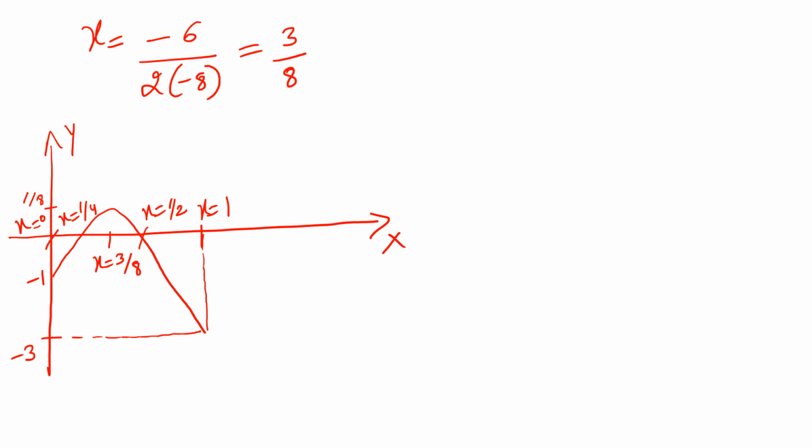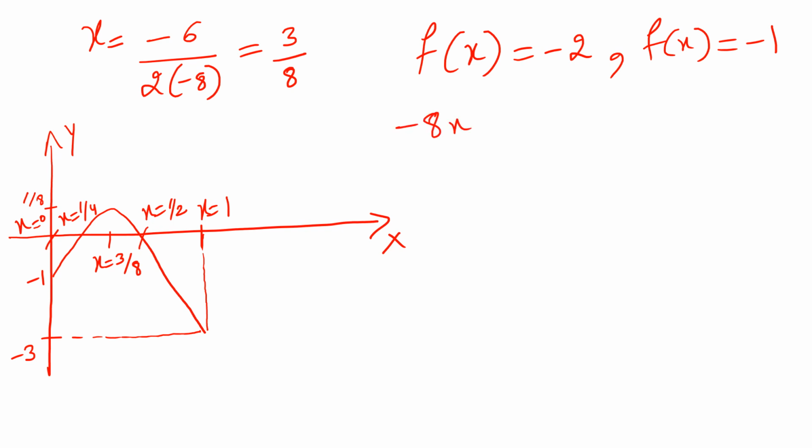Now students, let's find out those values of x for which f of x becomes equal to minus 2 and for which f of x becomes equal to minus 1. Now f of x is minus 8x square plus 6x minus 1. Just put it equal to minus 2.